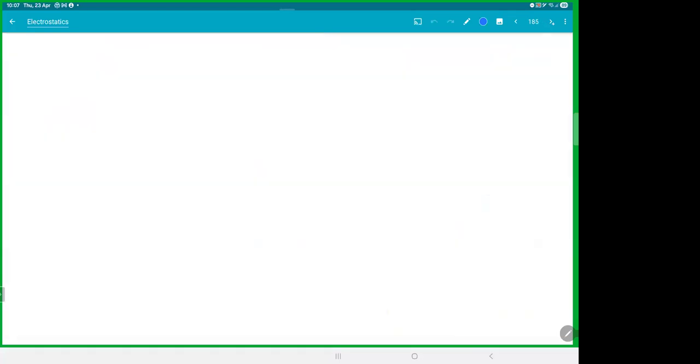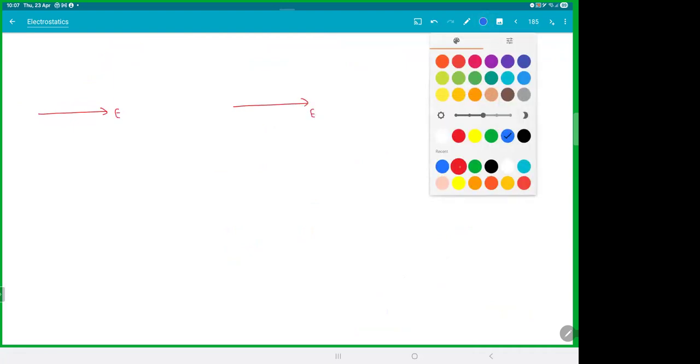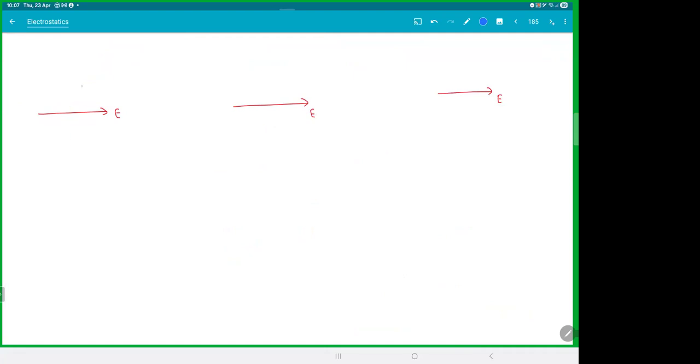So just to give a little more context, this is what we did. If your field E bar is this way, when you took the dipole perpendicular, theta 90 degrees, torque is maximum.